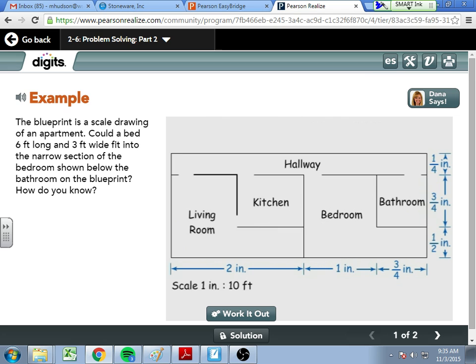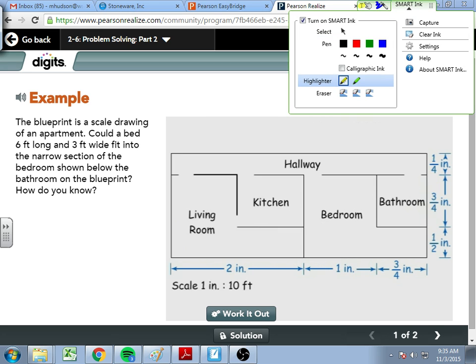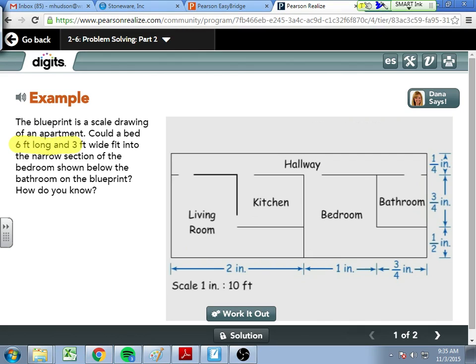So we want to say, could a bed that is 6 feet long and 3 feet wide, 6 feet long would not be big enough for me, fit in the bedroom shown below? So here's our bedroom shown below. You want to fit into the narrow section of the bedroom below.